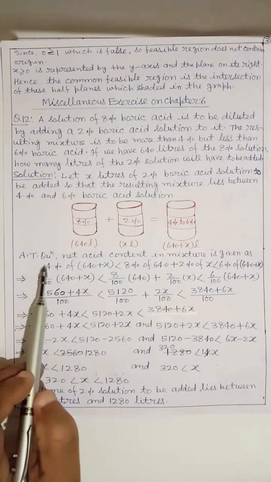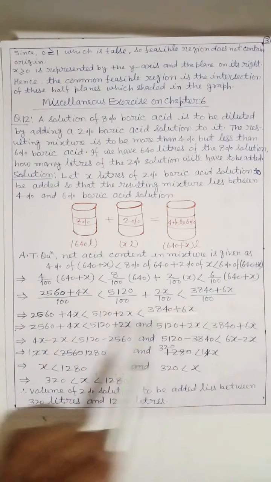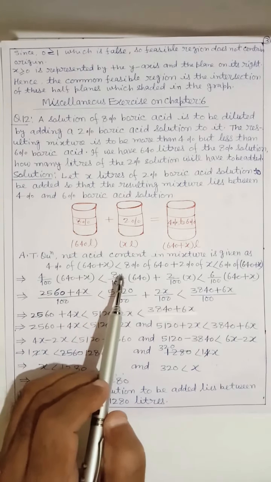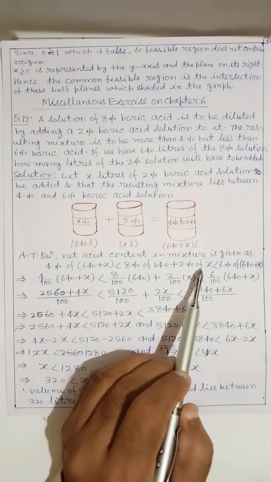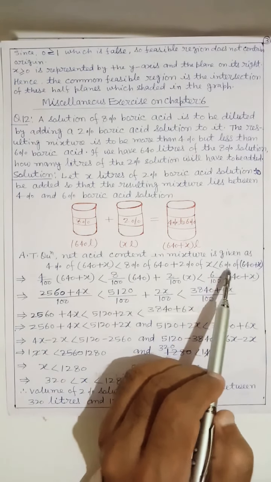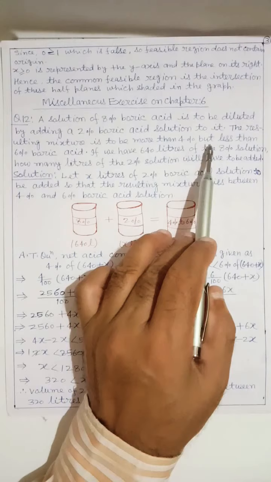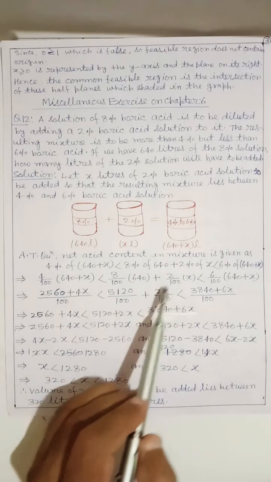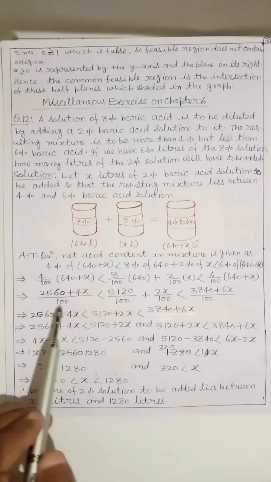Dear students, according to the question, the net acid content in the mixture is given as 4% of (640 plus x) less than 8% of 640 plus 2% of x, less than 6% of (640 plus x), more than 4% but less than 6% boric acid. And we solve here.